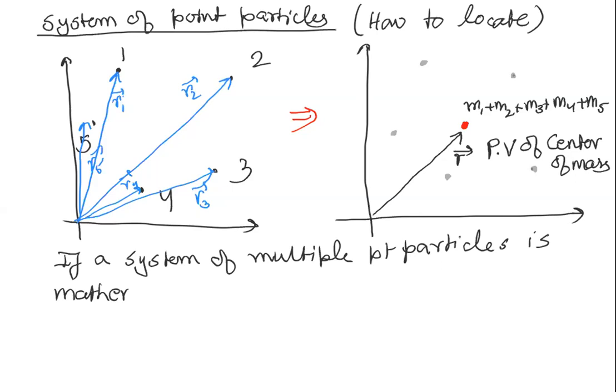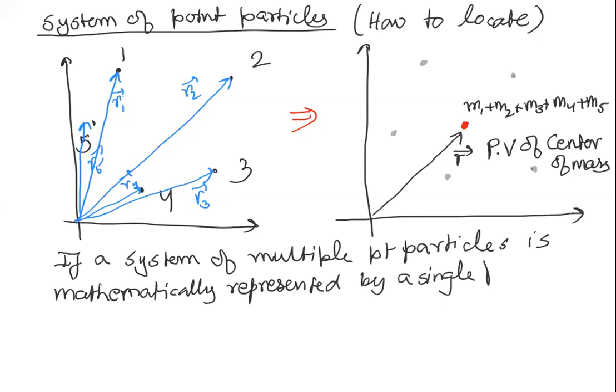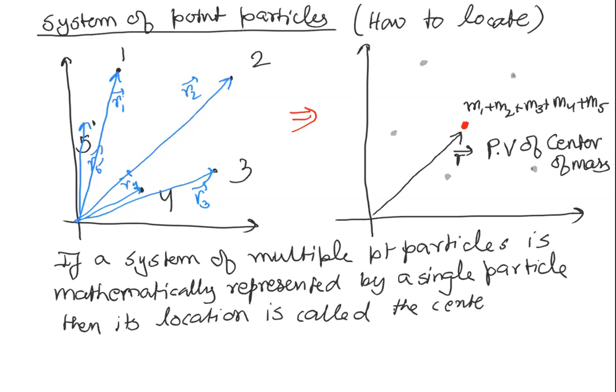So mathematically, if a system of multiple point particles is mathematically represented by a single particle, then its location is called the center of mass of the system.